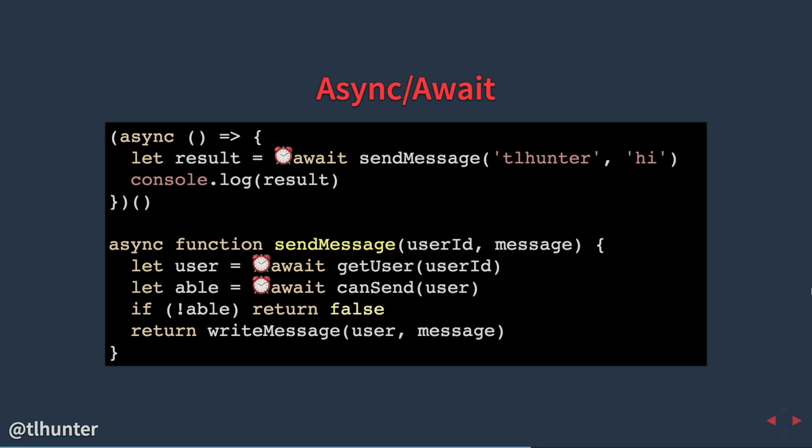One thing to keep in mind is I'm not doing a return await write message. I'm simply doing a return write message. Under the hood, these async functions are smart enough to wait for that write message function to complete before they return the value. You can actually write return await write message. It does work, but your linter or coworkers will tell you that the syntax for that looks bad.